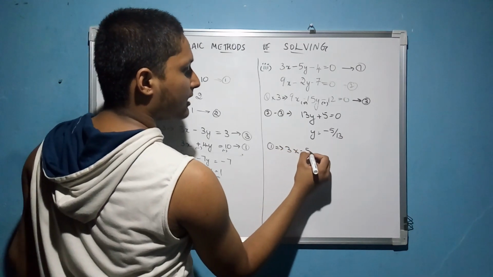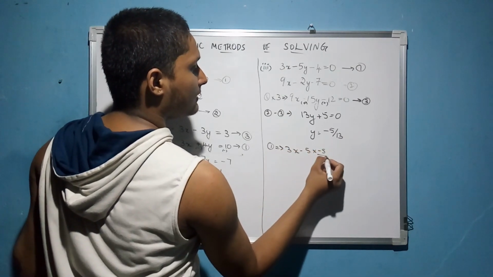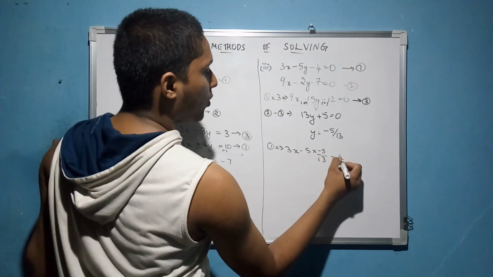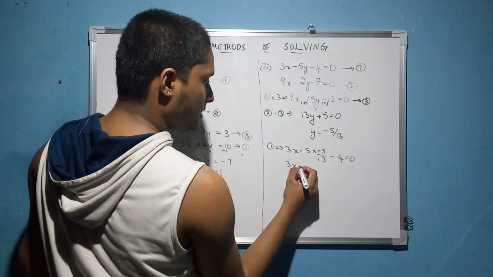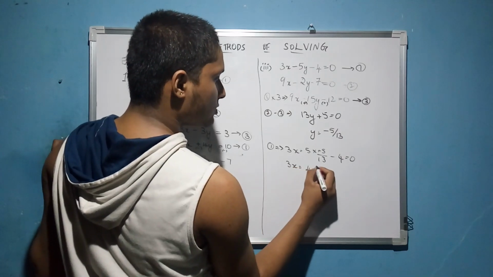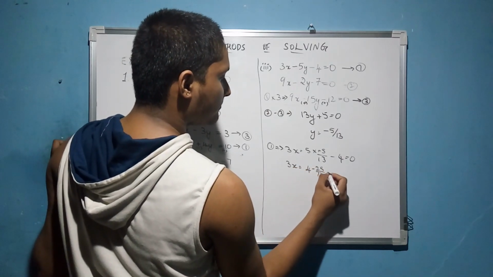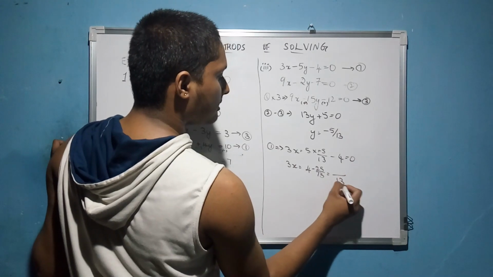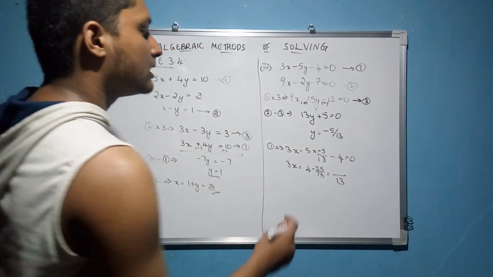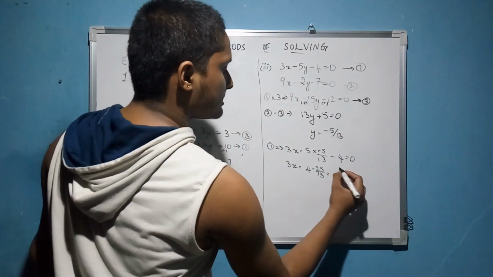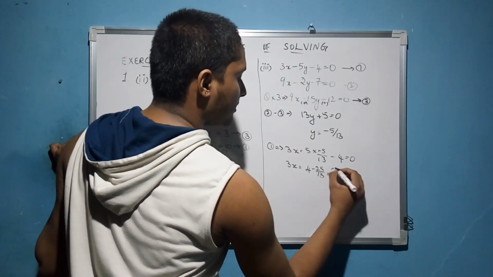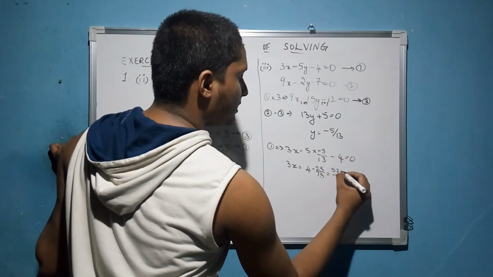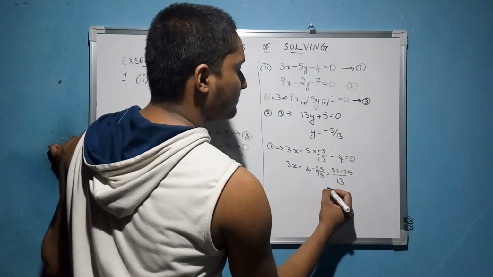Okay, now this first equation comes to be 3x minus 5 into minus 5 divided by 13 minus 4 is equal to 0. Minus of minus get cancelled. 3x is equal to 4 minus 25 by 13, that is equal to, if I take the denominator here, it becomes 13 into 4 is 52. 52 minus 25 divided by 13.